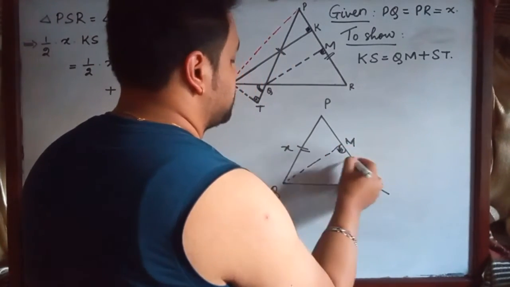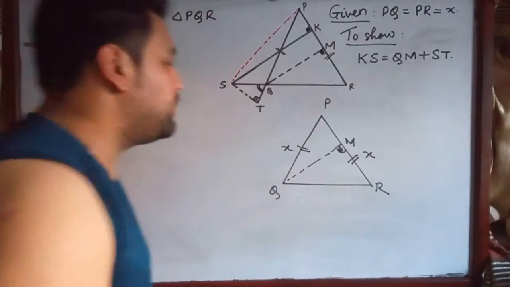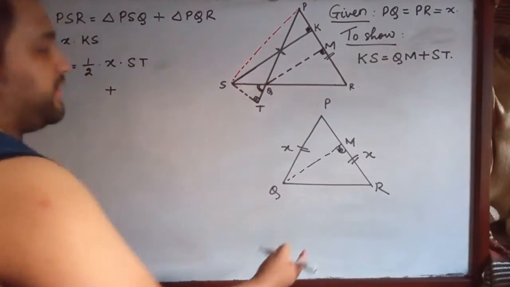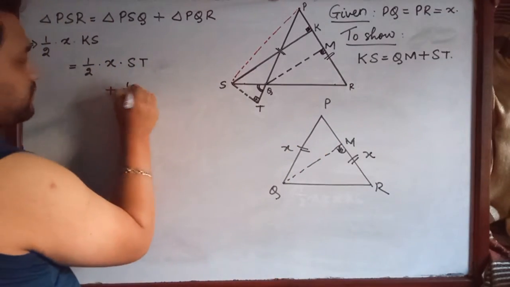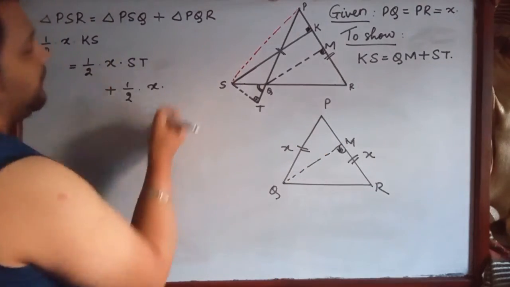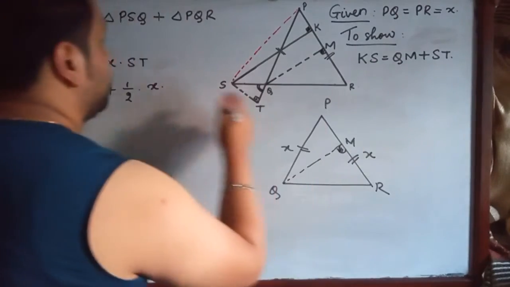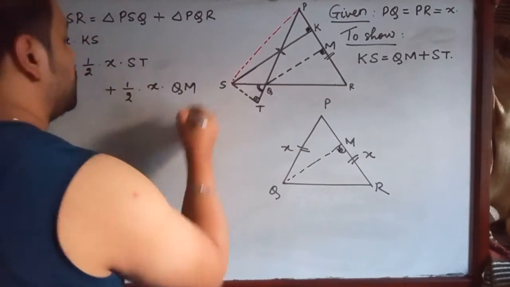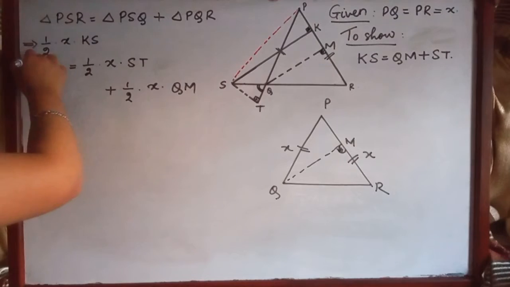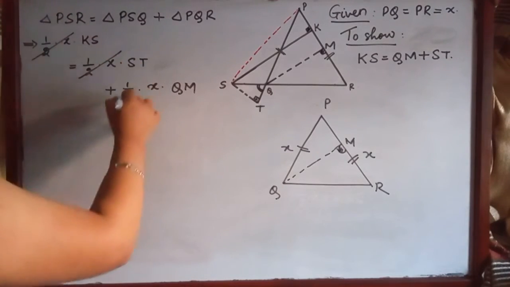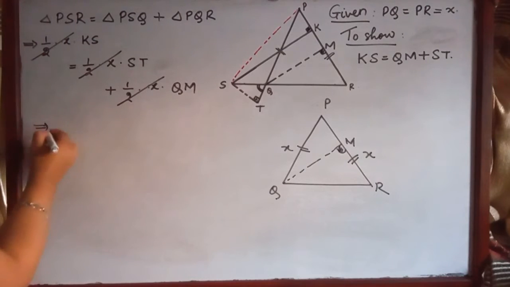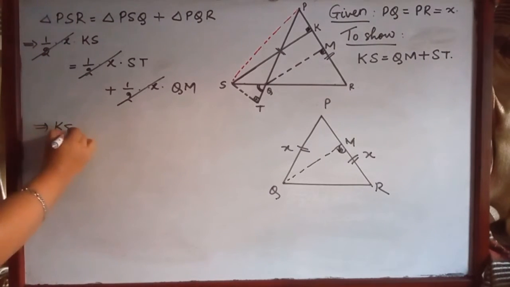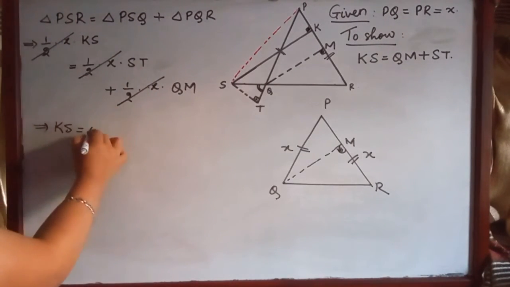This is equal to x, right? So the area of this triangle is half base times height, means half x times QM. Now we can cancel out half x on both the sides, which will give us KS is equal to QM plus ST.